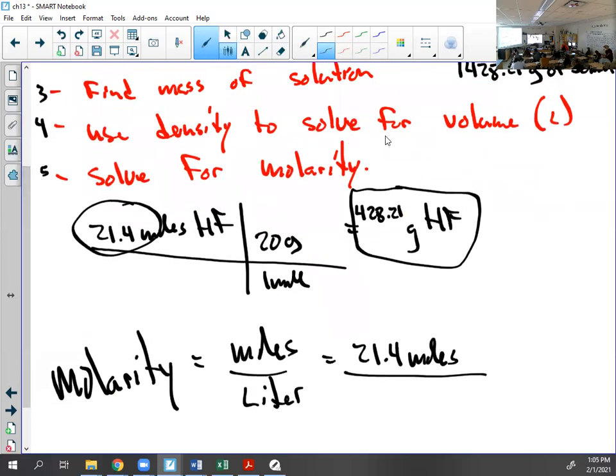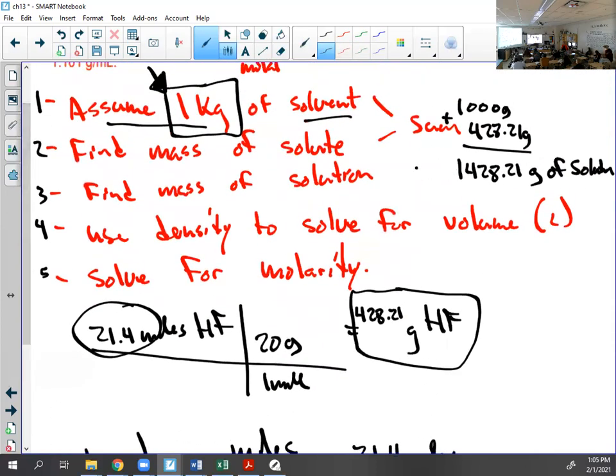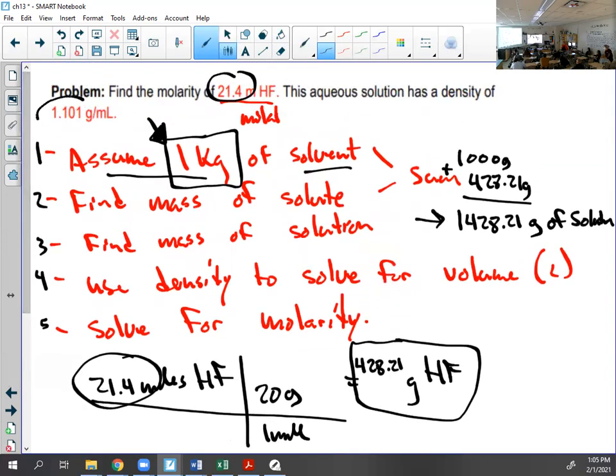Use density to solve for volume. We can do that. We know the grams. I know the density. So I just set them up. 1428.21 grams.